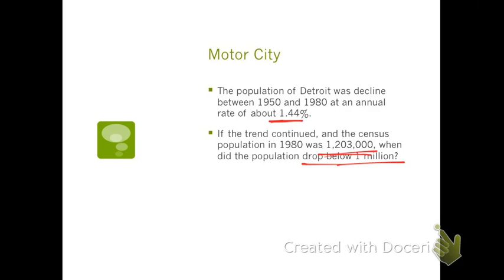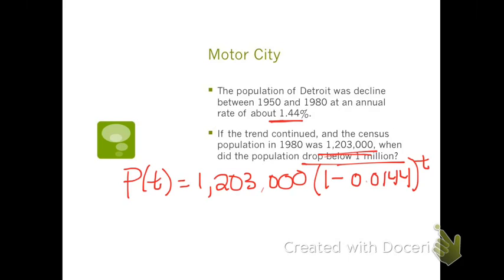We're going to write out the function, which I'm just going to jot down, so pause when I get to it. Notice that it's subtract because we're in a decline, and I use the decimal form, and then here's my initial, etc. If you plug this into a calculator into y equals, you should also plug in y equals 1 million to get a horizontal line right at that point, and I'll show you what that looks like.